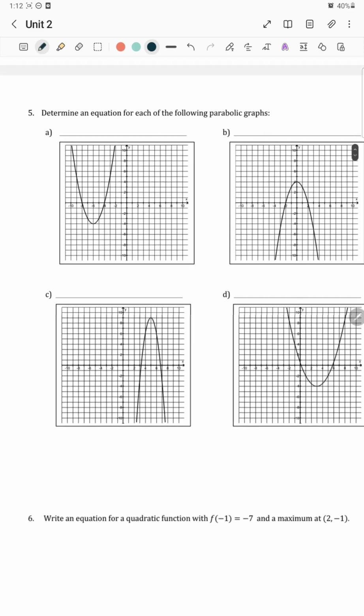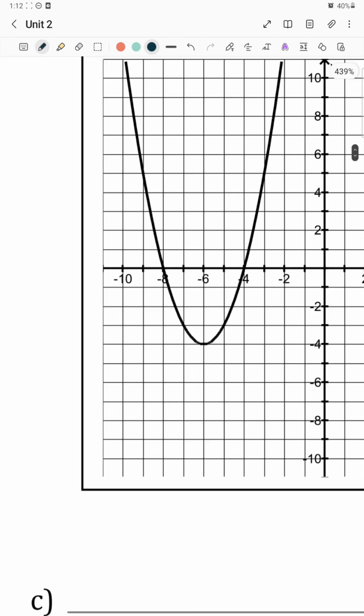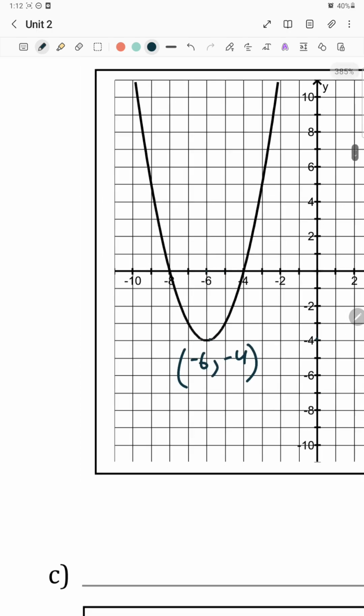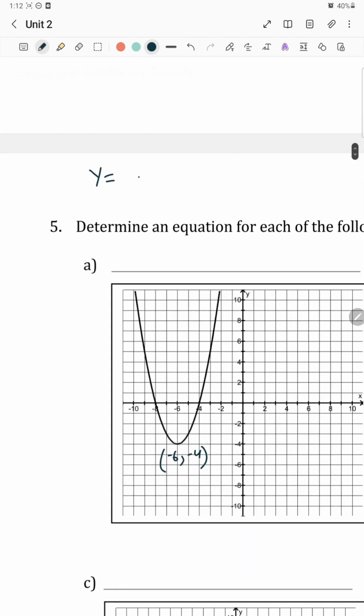Determine an equation for each of the following parabolic graphs. Vertex, x minus 4. So we have y is equal to a (x minus h) whole squared plus k.